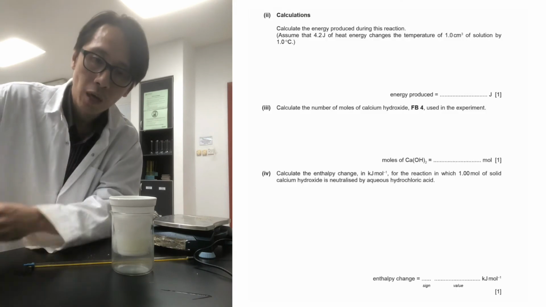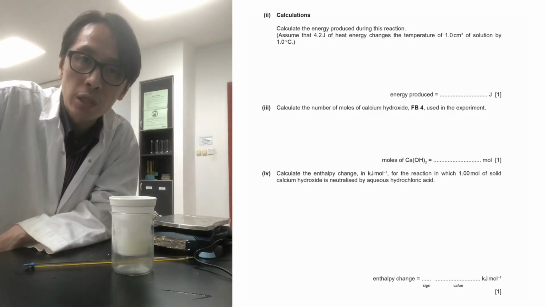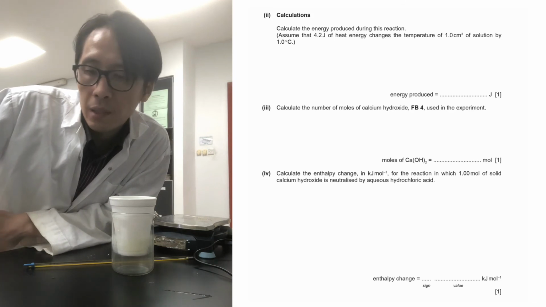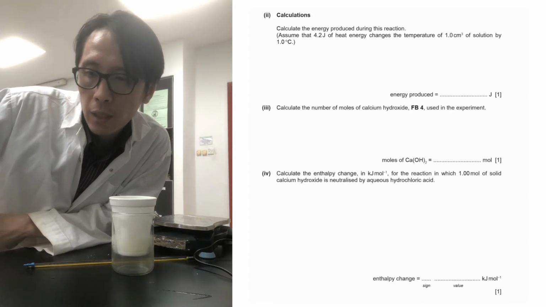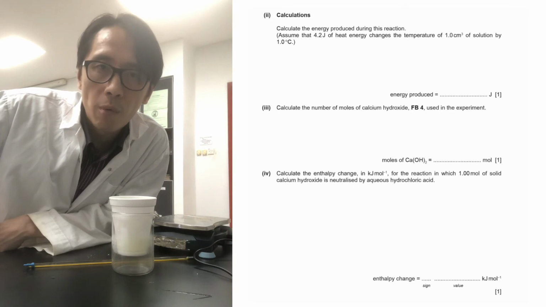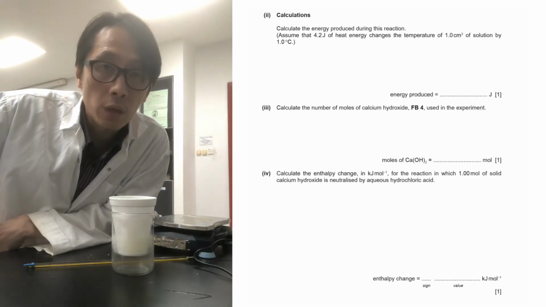So after this, we will have a separate video on the tutorial for how to calculate the enthalpy change for this paper. Unfortunately, this paper was given to our lower 6 students, and they have only just started their semester, so they will have no prior knowledge of enthalpy change. Some of them may be able to infer Q equals mc delta T from O-level content, but the actual calculation for enthalpy change and even a Hess cycle will be totally new to them.